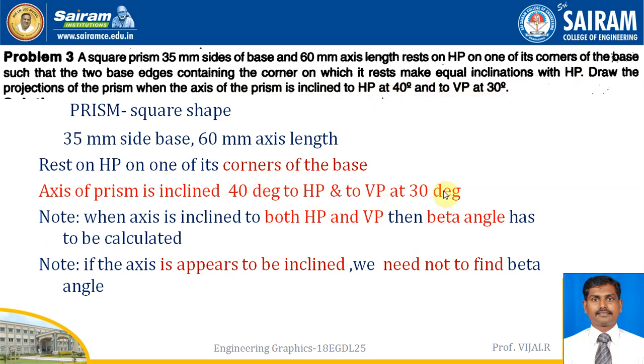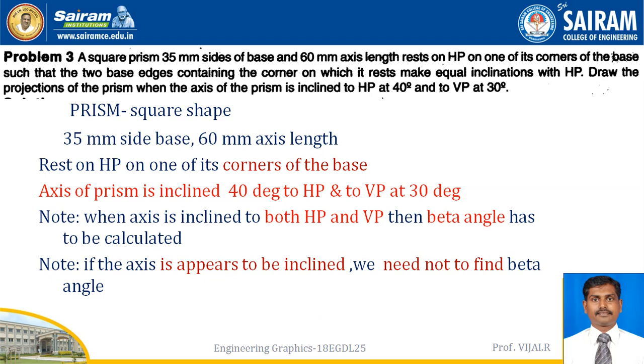30 degree. Right? When the axis is inclined to both HP and VP, this is the note: then the beta angle has to be calculated. If it is not given, and it only appears to be inclined, we already know the true length and apparent length, the true view and the apparent view.